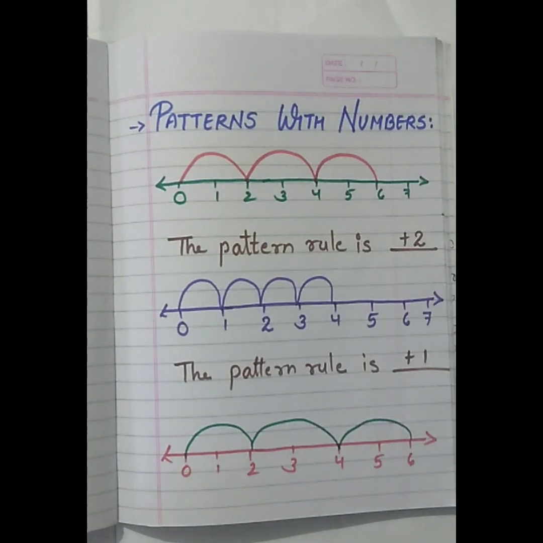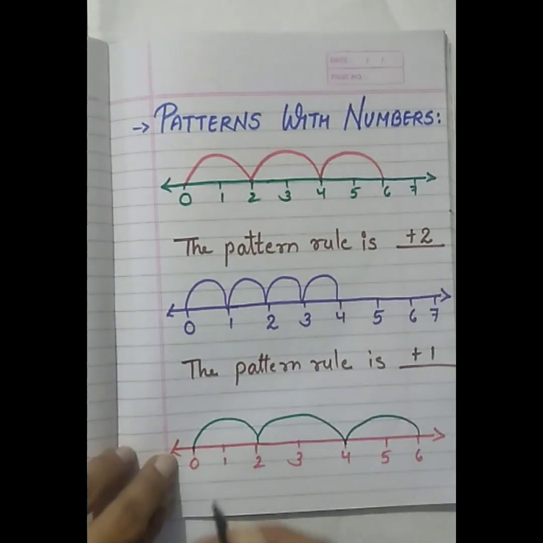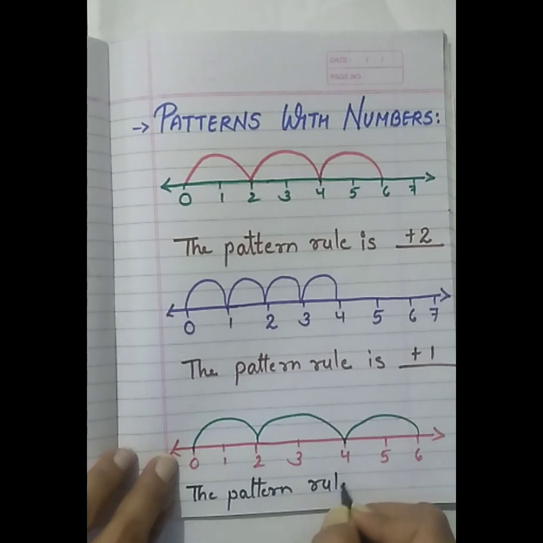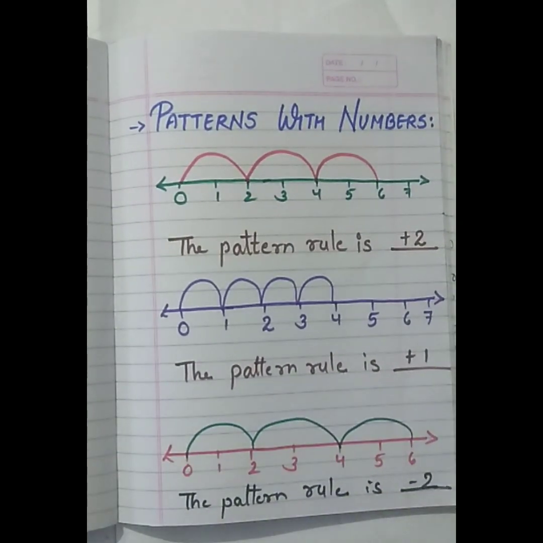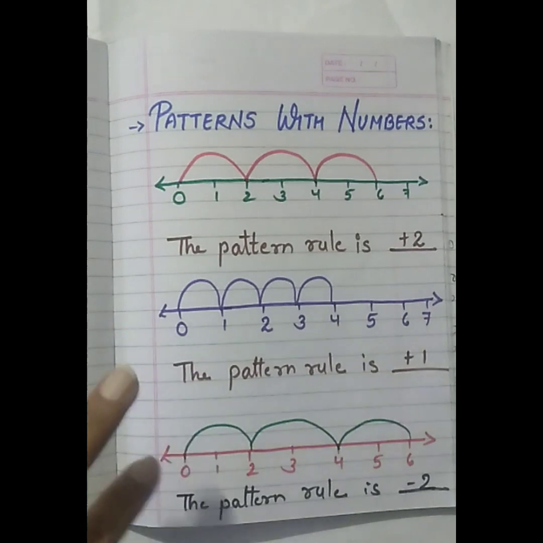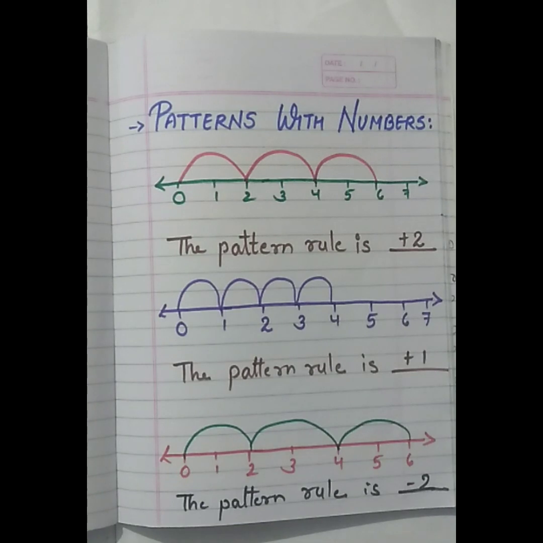Every time the number decreases by 2. So we will write what the pattern rule is over here. The pattern rule is minus 2. Every time we have subtracted 2. Now, what will come? What comes before 0? That is minus 2, then minus 4, then minus 6. So every time we subtract 2 from the number.